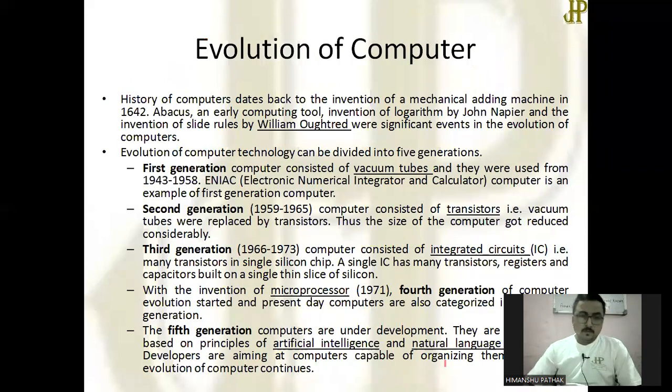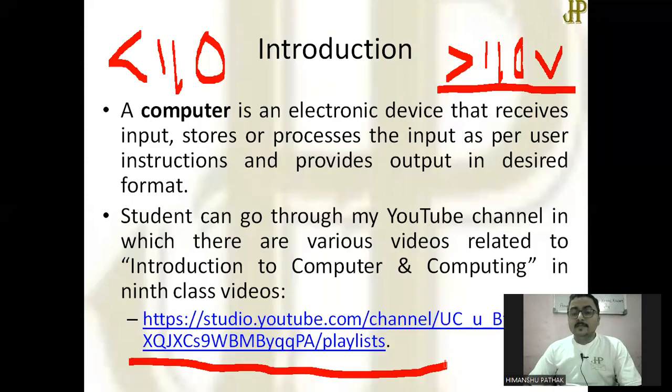So a computer is an electronic device that receives some input from input devices like keyboard and mouse, and then processing is done using the CPU, based on whatever instructions are given by the user.